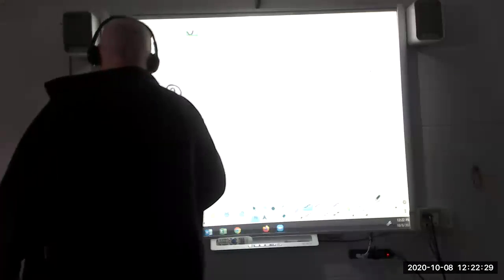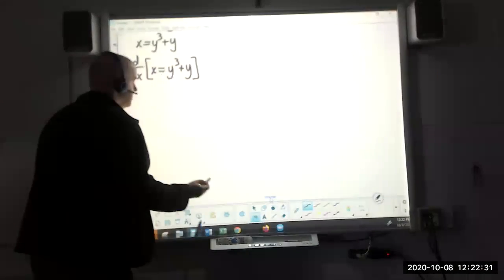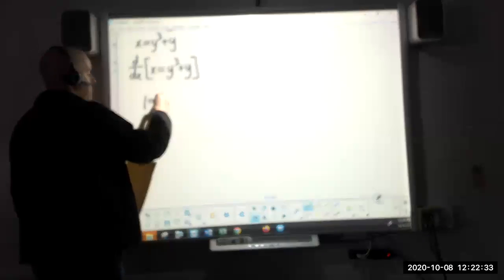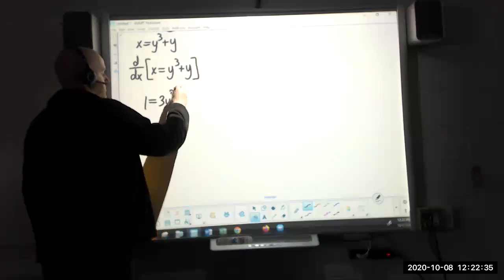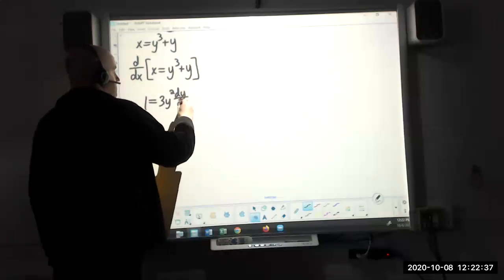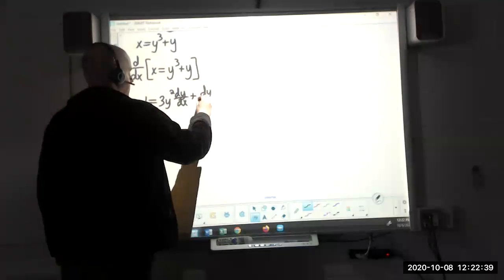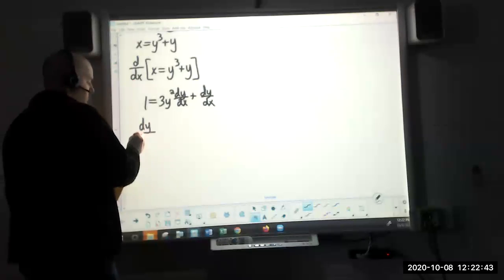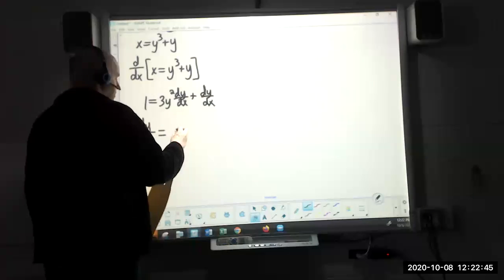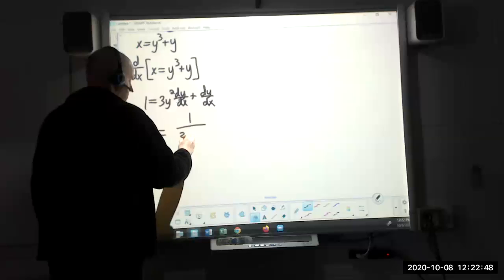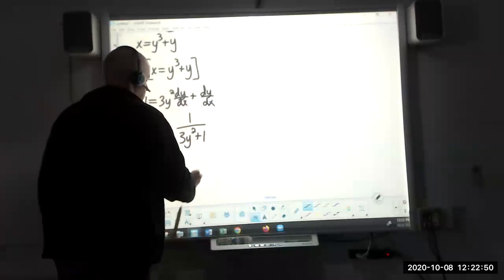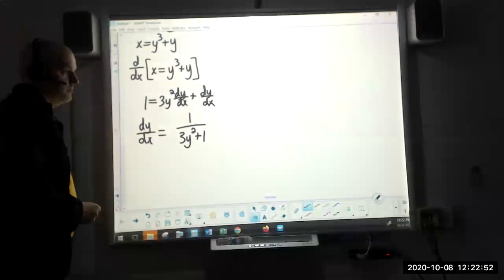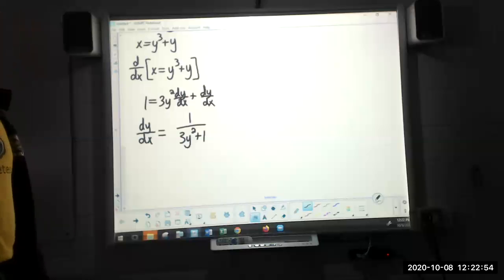All right, differentiating with respect to x. We get 1, we get a 3y squared dy dx plus a dy dx. Factor dy dx out, divide both sides by 3y squared plus 1. And we get that. Yep.